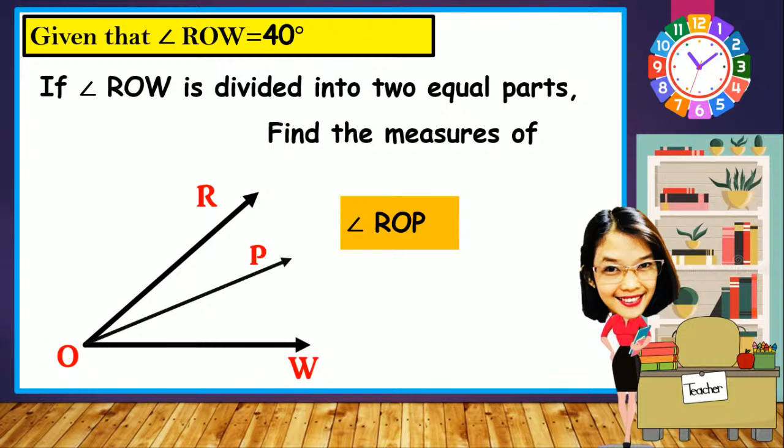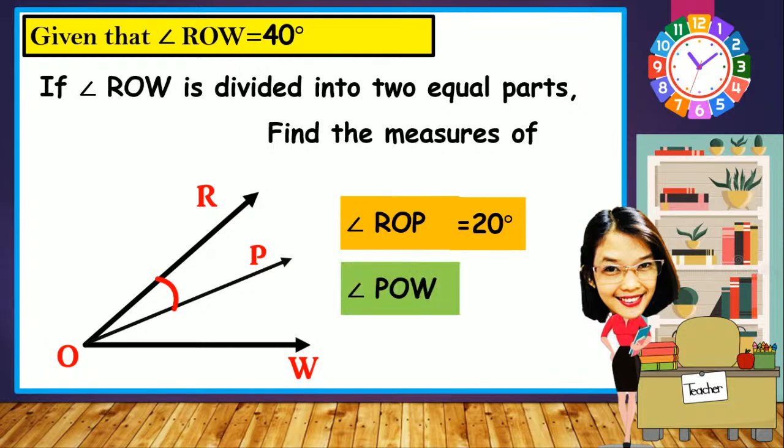Okay, that's correct. Again, the name of the angle uses capital letters. So, the measurement of angle ROP is 20 degrees. How about POW?